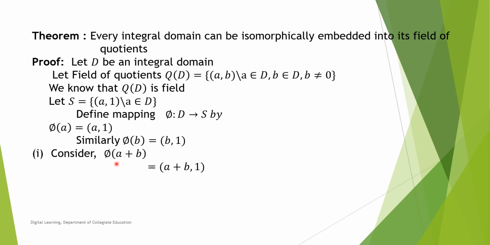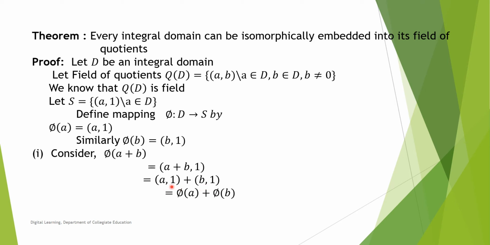Consider phi of a plus b. It is equal to (a plus b, 1) by the definition of mapping, since phi of a is equal to (a, 1). We write this couple (a plus b, 1) as (a, 1) plus (b, 1).